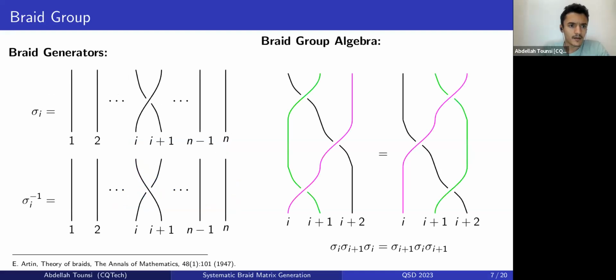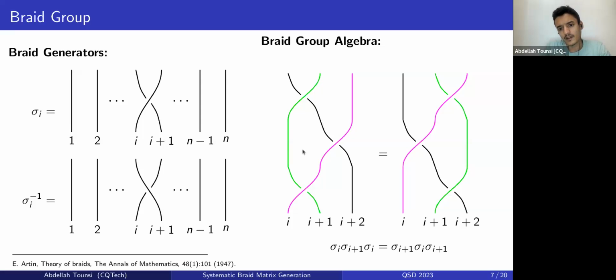Mathematically, braids are described by a braid group. In the Braid group, we have Braid generators, which are sigma i's. Sigma i is the process of exchanging or braiding two adjacent anyons in our configuration. For each Braid generator, we have the inverse Braid generator, which is its mirror image. And in this Braid group, we have a characteristic algebra, which is the Yang-Baxter equation, as you see on the right side.